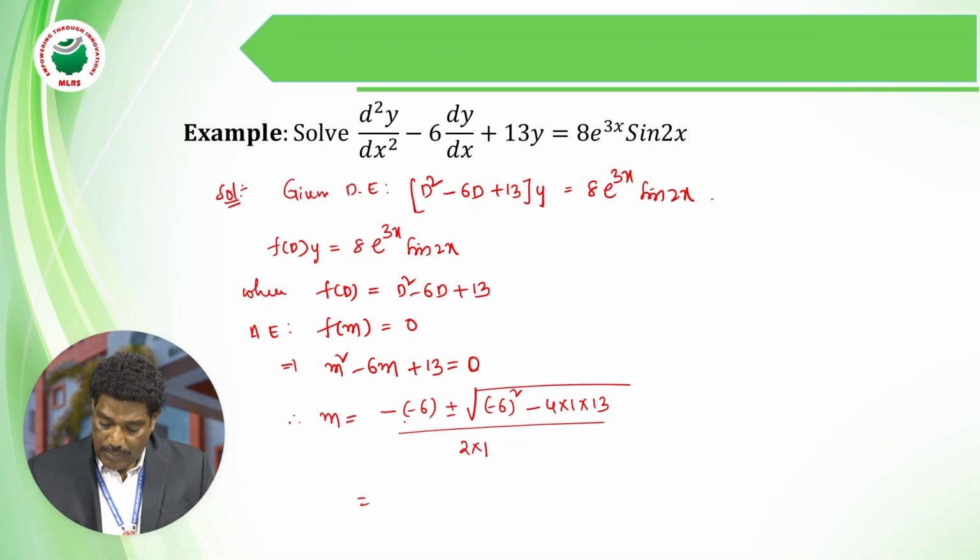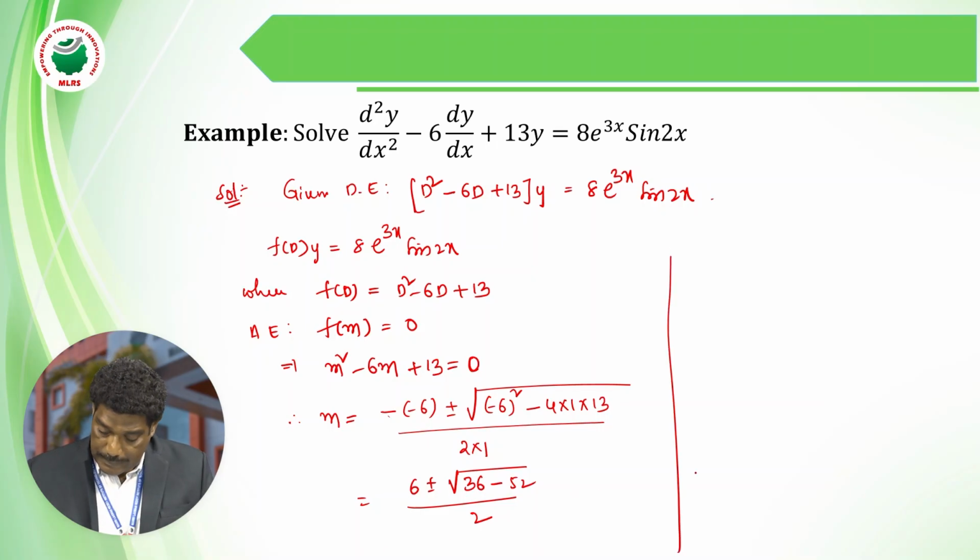Now, simplifying this: minus of minus 6 means plus 6, plus or minus square root of (minus 6) whole square means 36, minus 4 into 1 into 13, that is 4 into 13, 52, by 2. Right.